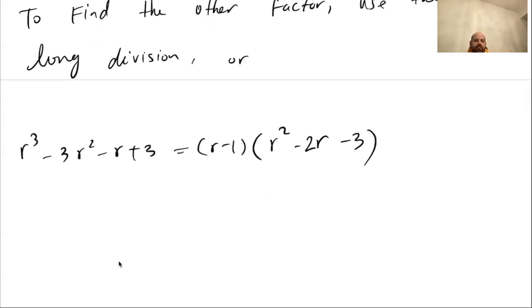So I already know that r equals 1 is one root. To find the other two roots, I need to find the roots of this quadratic equation.